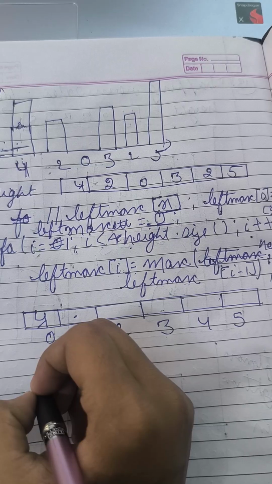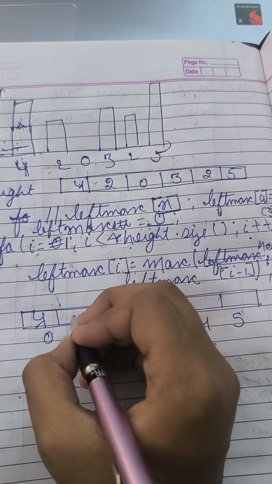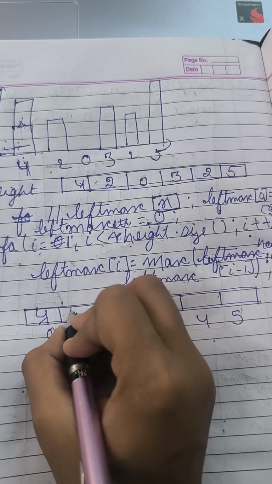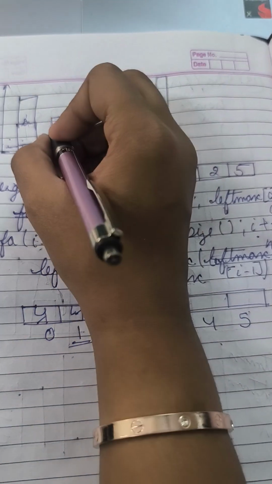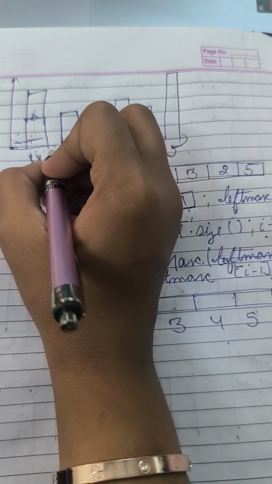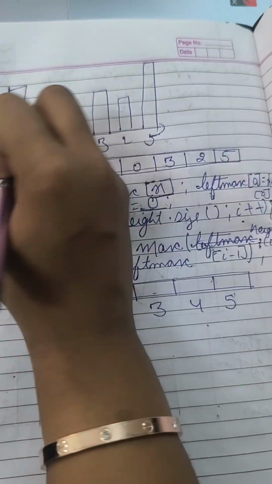So what is going to be over here? Maximum is going to be 4 only, right? And you could see from the bar also that before 2 the maximum is 4 only. For the second element maximum is 4 only.